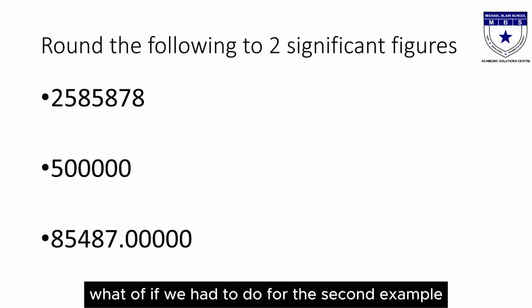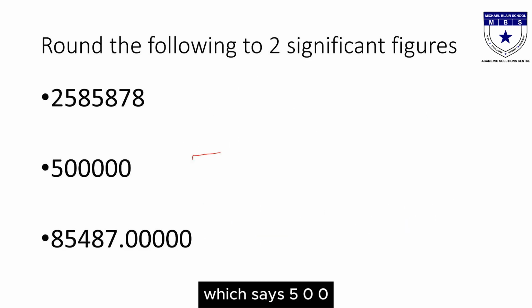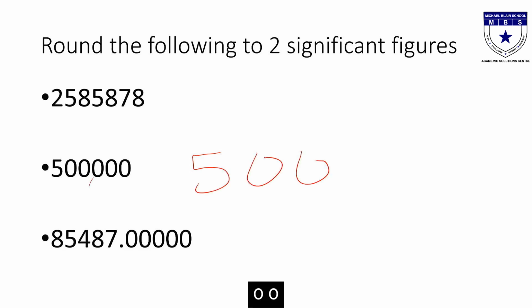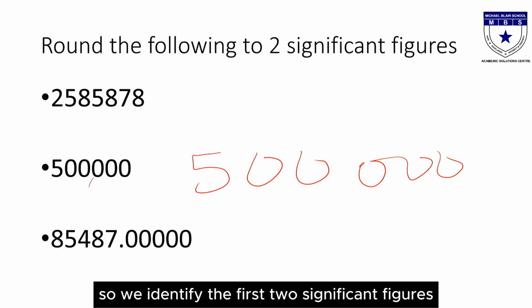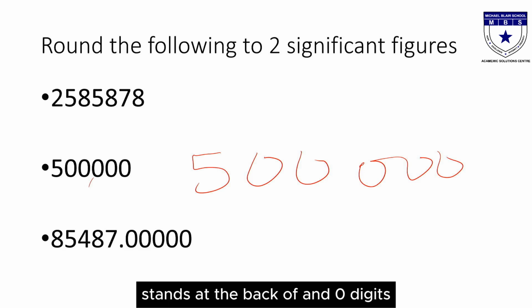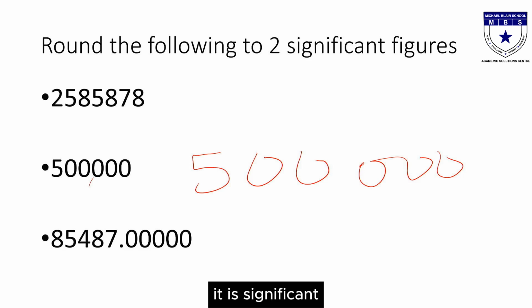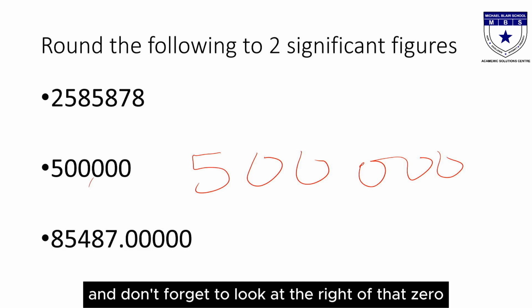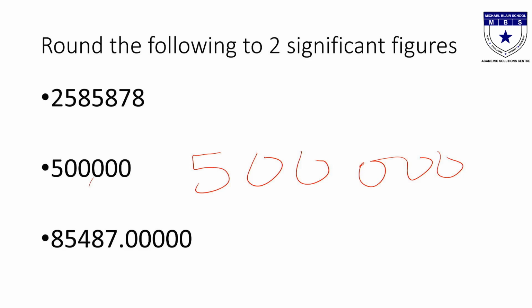What if we were to do the second example, which says 500,000? We identify the first two significant figures, which are 5 as the first and 0 as the second. Don't forget that if 0 stands at the back of a non-zero digit, it is significant. And we look at the right of the second 0.